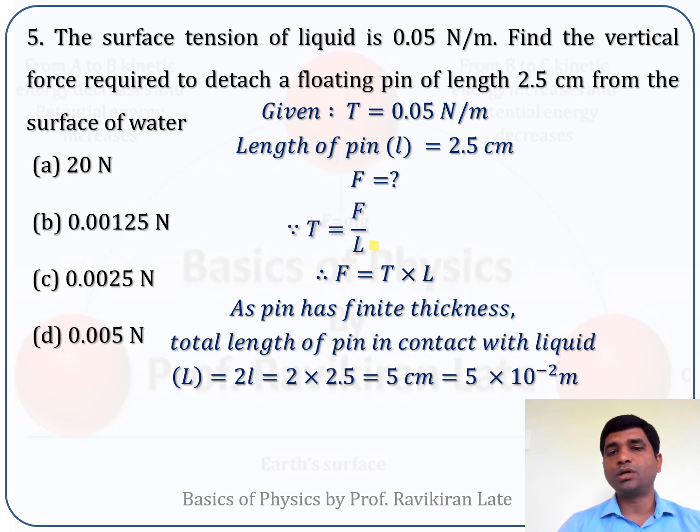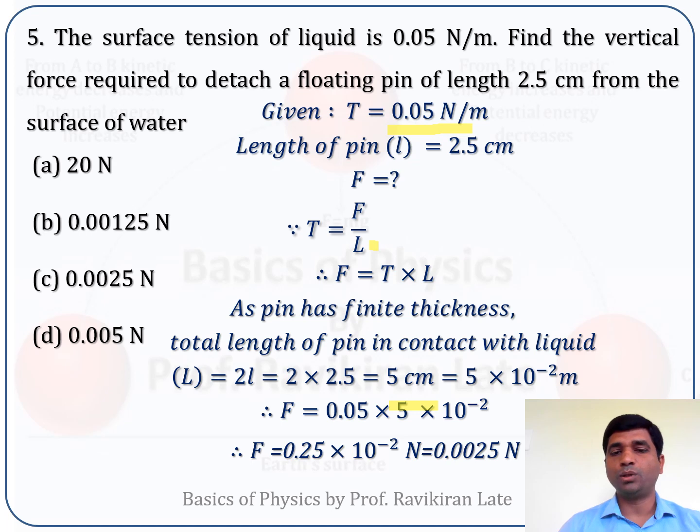But the surface tension of water is given in SI units, that is Newton per meter, so you have to convert centimeter into meters. I have to multiply this by 10 raised to minus 2. This is 5 into 10 raised to minus 2 meter. If I substitute these values in this equation, I get 0.05, which is the surface tension of the liquid, into the length, which is 5 into 10 raised to minus 2 meter.